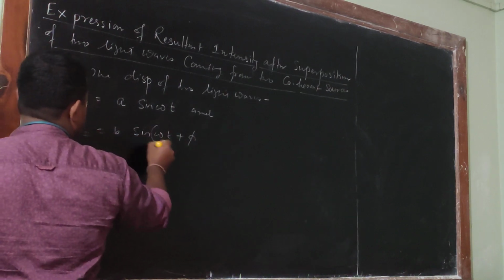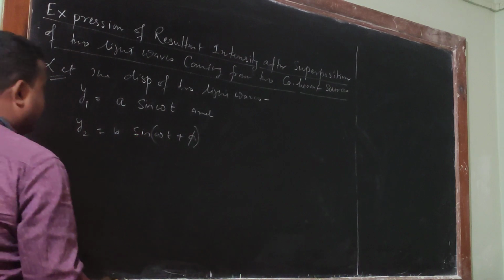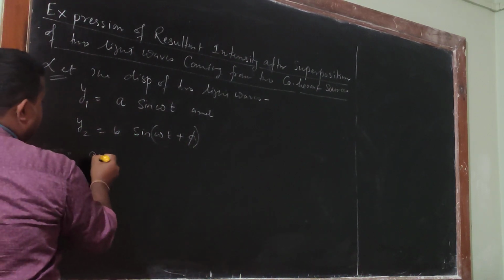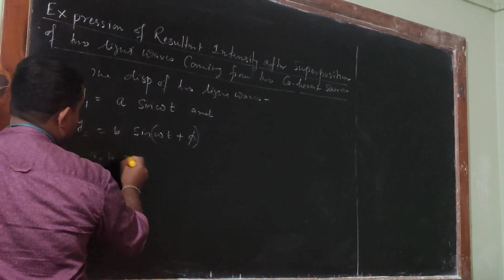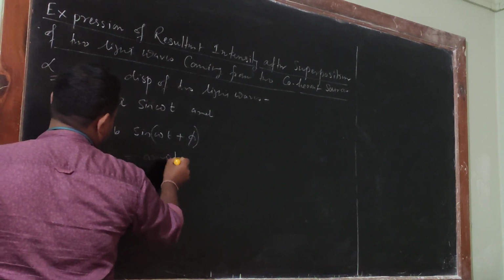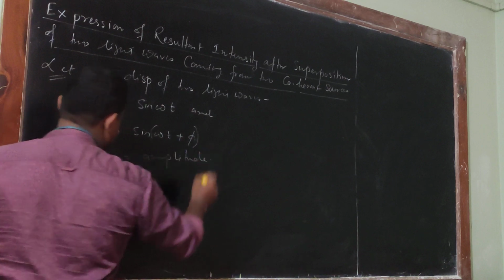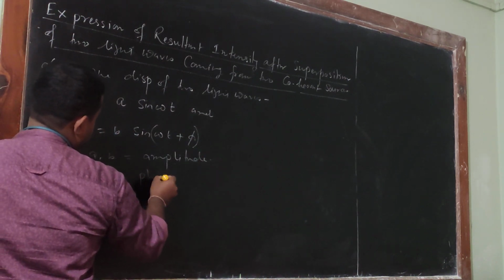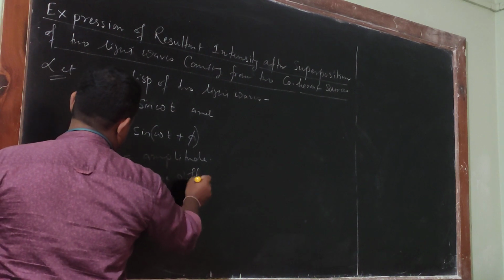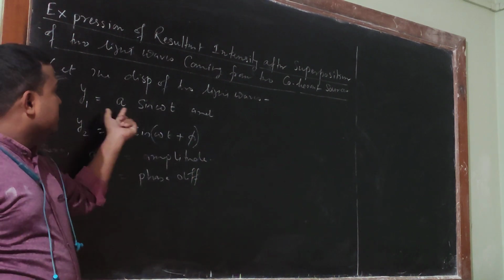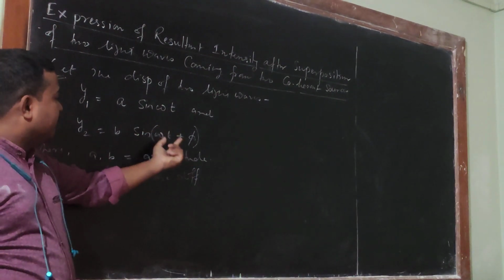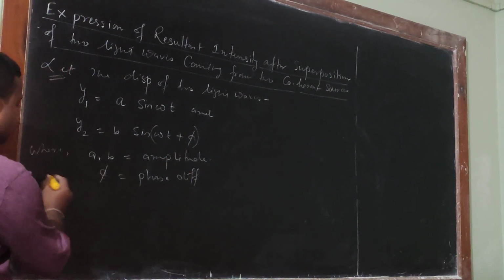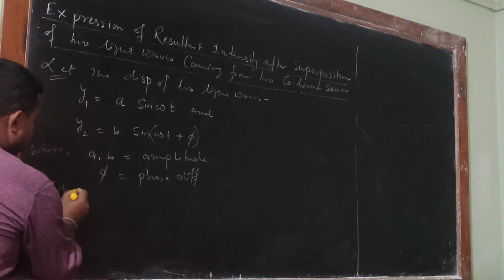Let us consider these two. So here, a and b are amplitudes, amplitude means maximum displacement, and phi is the phase difference. Here the phase of this wave is omega t, and for this omega t plus phi, so phi is what? Phase difference.